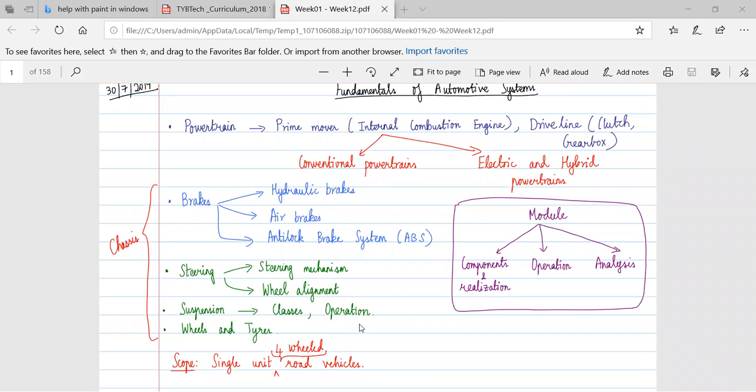In heavy vehicles, the braking system is designed with the pneumatic system, like air brakes, as well as in passenger vehicles or light motor vehicles, we normally go for hydraulic types of brakes, right? Now it totally depends on the type of vehicle.